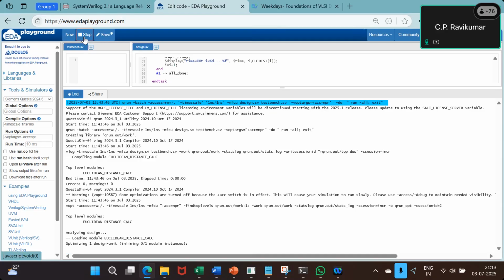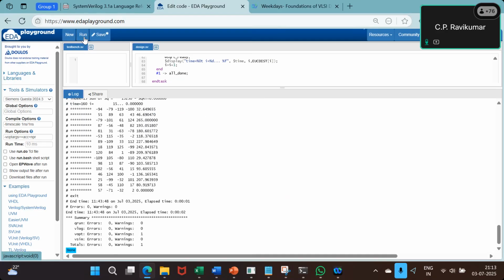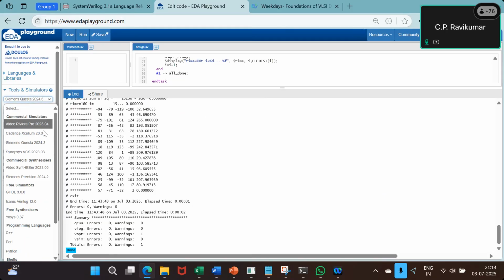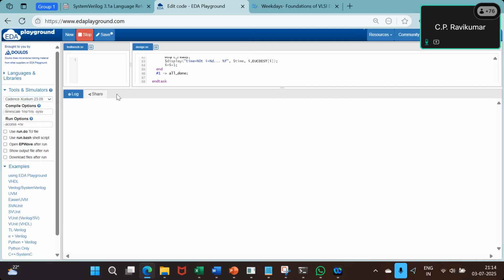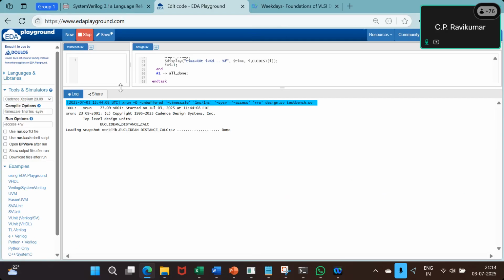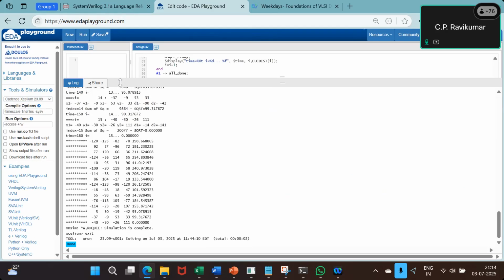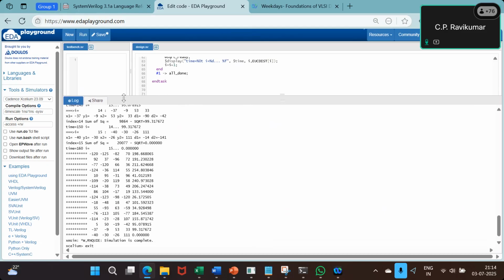See, in these programs, sometimes we have to repeat and check. I mean, sometimes what can happen is they are consistently doing it like this. So there is some bug somewhere. So this time even Cadence gave a different result.